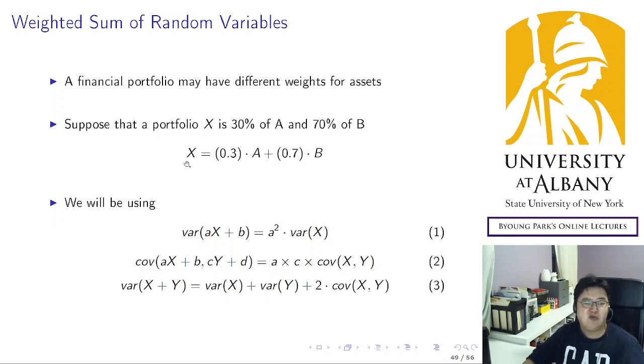I will simply write it as a kind of coefficient: 0.3 times A plus 0.7 times B. It is not wrong, so the dividend or return from X equals 0.3 dividend from A plus 0.7 dividend from B, right? You buy, like, 3 stocks and 7 stocks from A and B respectively, for example.